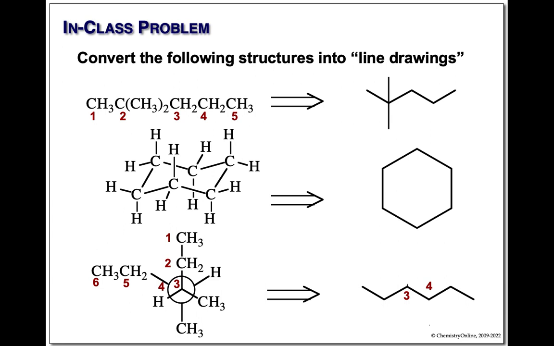Carbon 3 is the one in front, 4 is the one in back. 3 has a methyl group attached, and so does 4. We simply show those as truncated lines again. And that's our structure: 6 carbons, a methyl group on carbon 3, a methyl group on carbon 4.